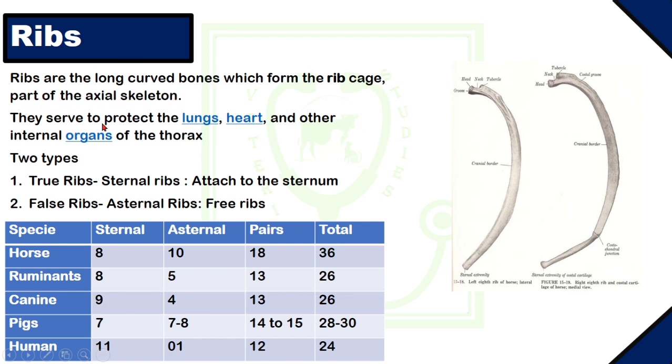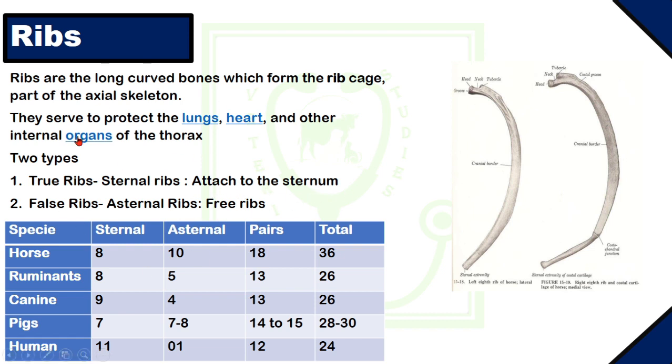Ribs serve to protect the lungs, heart, and other internal organs of the thoracic cavity. There are two types of ribs, true ribs and false ribs. True ribs are also called sternal ribs, which are attached to the sternum. False ribs are also called asternal ribs. They are free to move and they do not attach to the sternum.